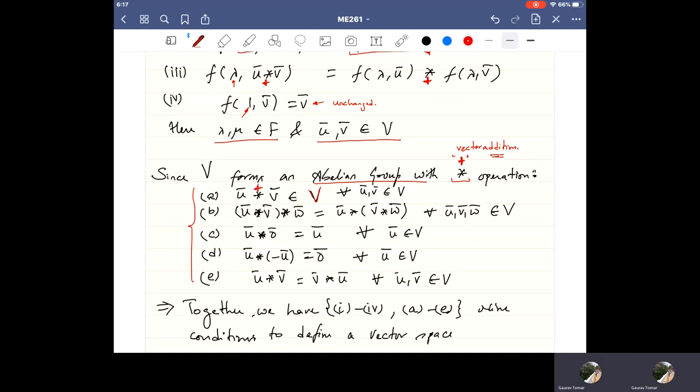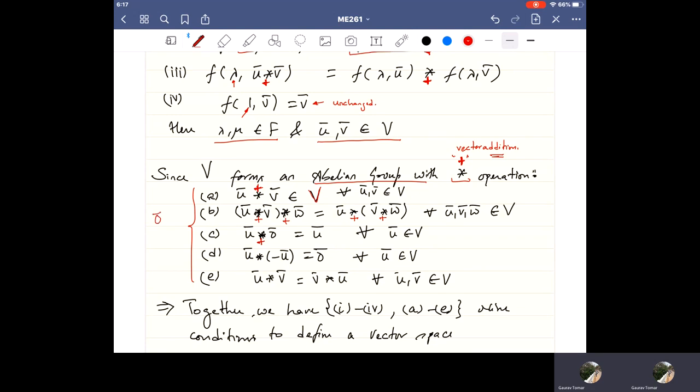This is associativity. u plus v plus w is the same as u plus v plus w, however grouped. They're going to be the same. If you add the zero vector, and a zero vector is a must for V to form an abelian group, you will find that in any vector space you will have a zero vector.